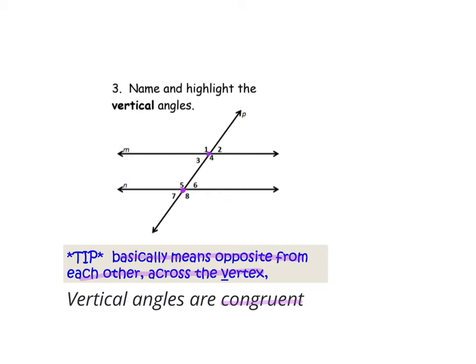So if they're across the vertex, that would mean that angles 1 and 4 are vertical. Angles 2 and 3 are vertical. Angles 5 and 8 are vertical. And angles 6 and 7 are vertical.